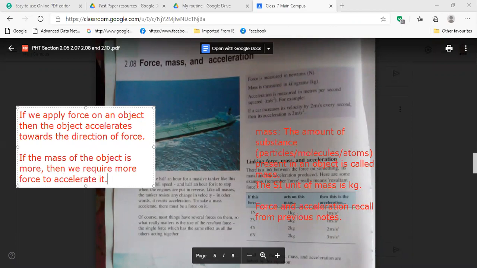If the mass of the object is more, then we require more force to accelerate it.